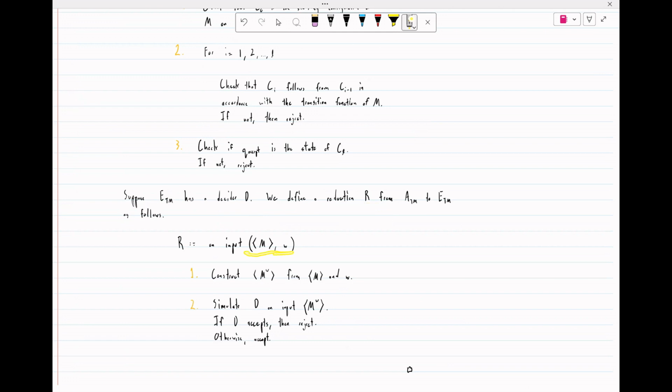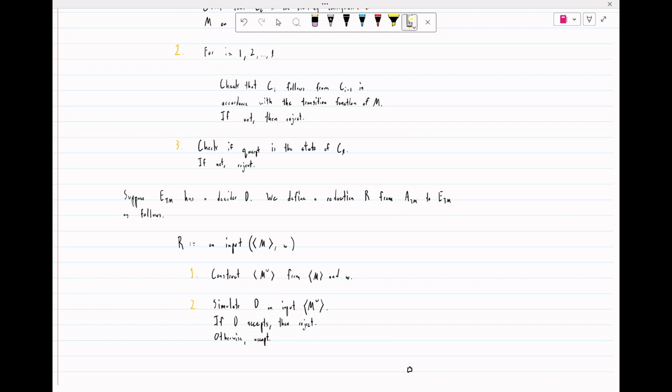So on input, some instance of ATM, I construct this Turing machine MW, the description specifically, from the description of the Turing machine that I've been given, NW. Note, we're not simulating this Turing machine.